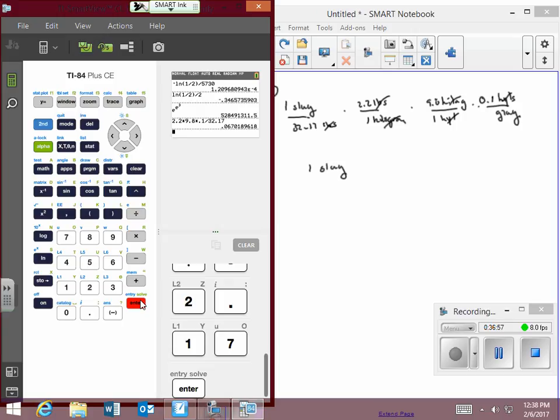So what this is going to give me is this. What do I have? 0.067 slug per glug. Right?